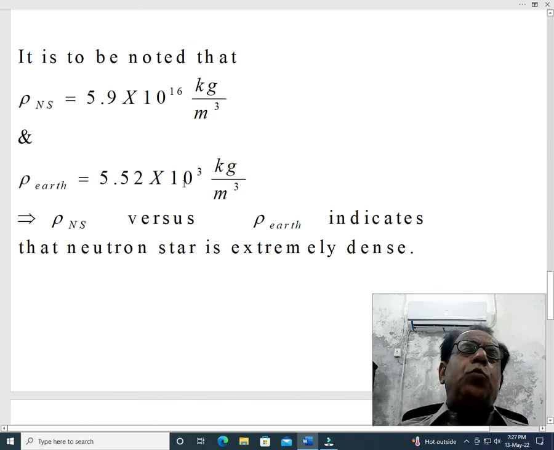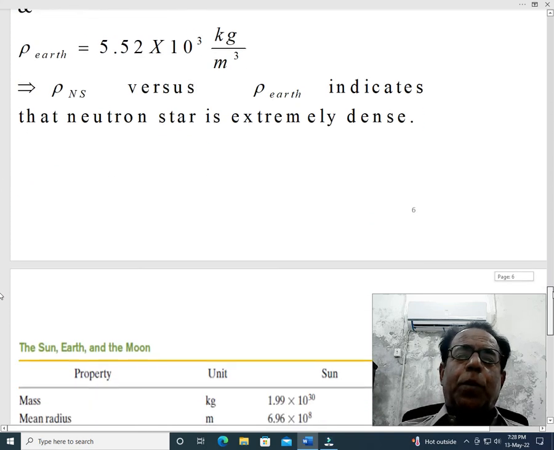That value will again have some different name. So we can conclude that the density of the neutron star is far greater than the density of the earth. This indicates that the neutron star is extremely dense, and this is the end of our module.